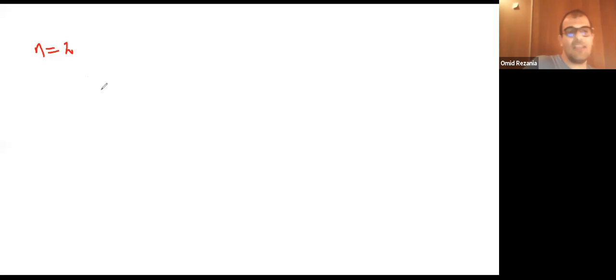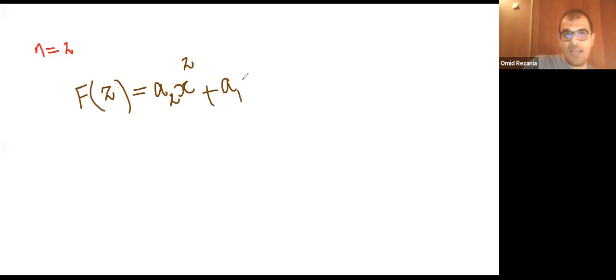I just call this one here, for example, z. I say that I'm going to find a function which represents z as a single variable. Then it's going to be a2 as a coefficient of x^2 plus a1 as a coefficient for x plus a naught.